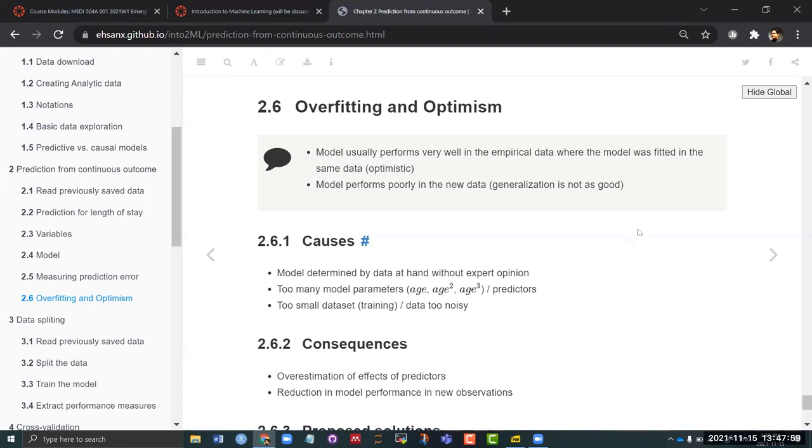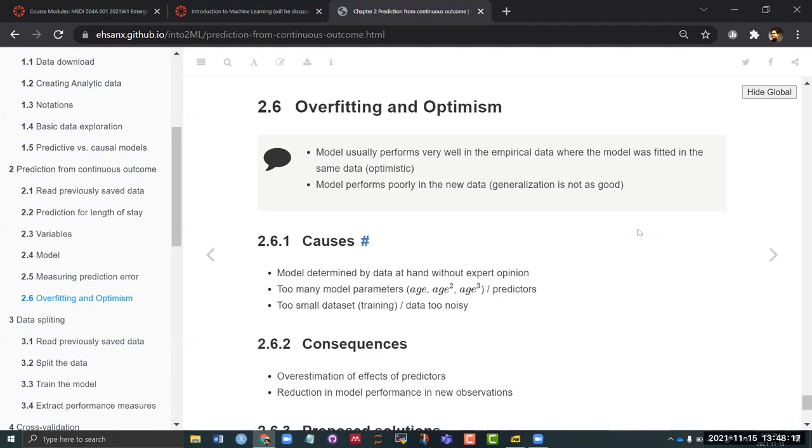But as soon as you use one data to build your model and another data, maybe future data, to predict what is going to happen, the R square or adjusted R squares are going to be lower, right?